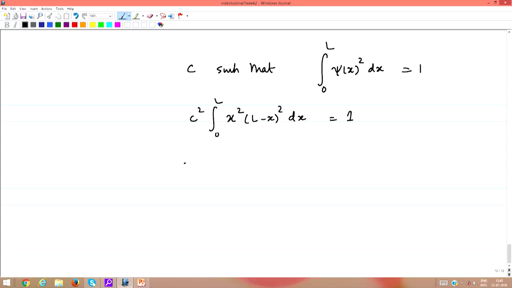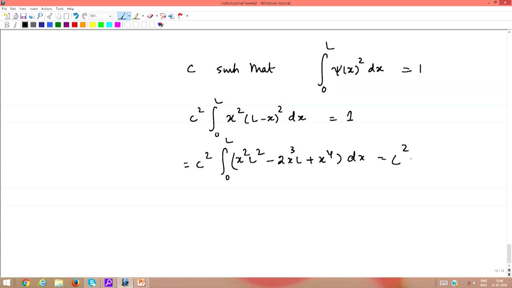Therefore, it is easy to do this integral from 0 to L. It is x square L square minus 2x L cube... 2x cube L plus x raised to 4 dx. And between the limits 0 to L, the x square gives you x cube by 3, and that gives you L cube by 3.